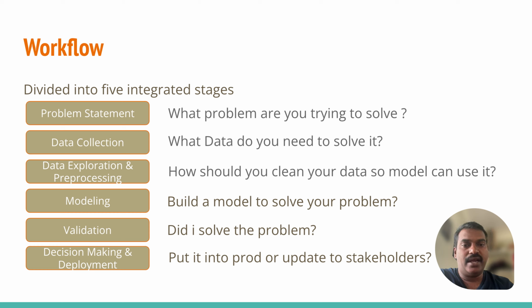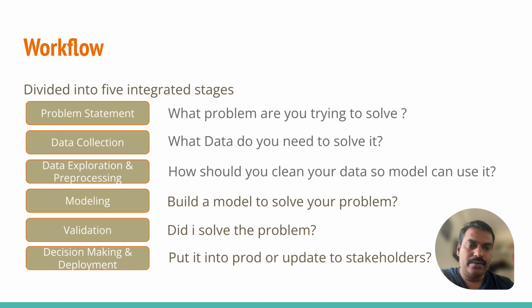Then to solve that problem, you need some data. What kind of data do you require to solve it? Once you understand what kind of data collection you need, 100% of the data may or may not be helpful all the time. So you need to identify the useful data, 80% or 90%.